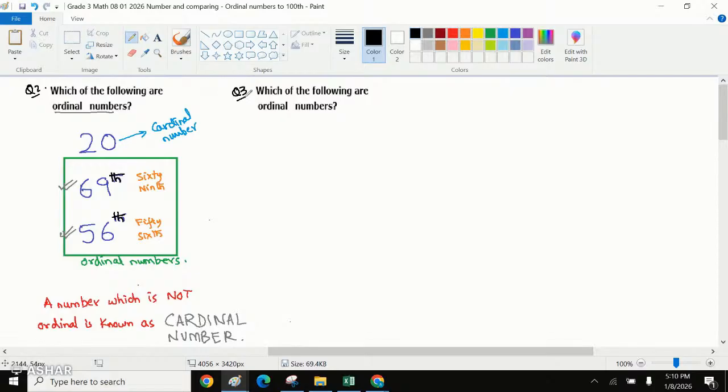In the next question, we are looking at ordinal numbers, right?